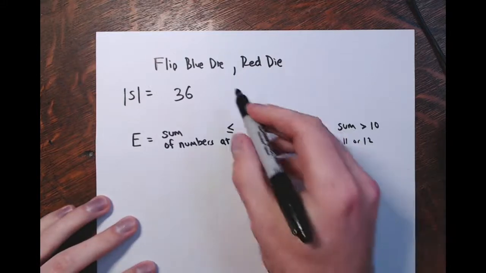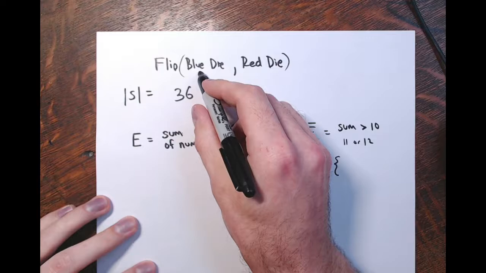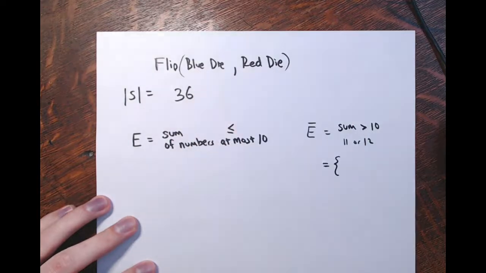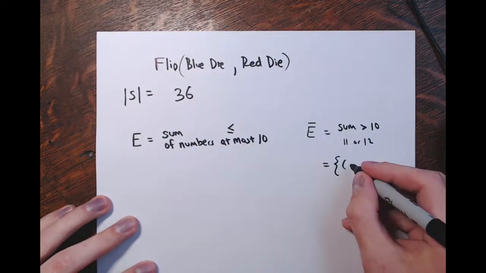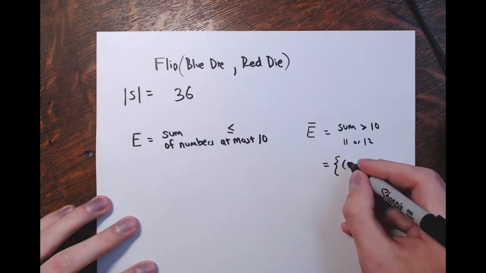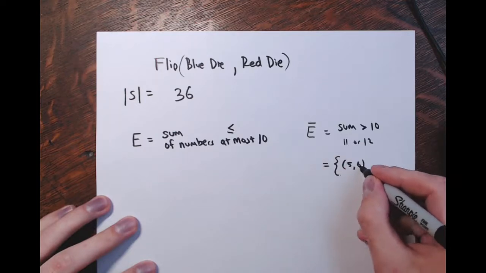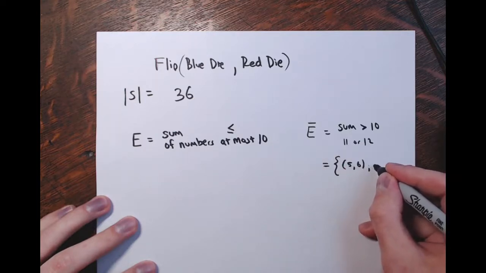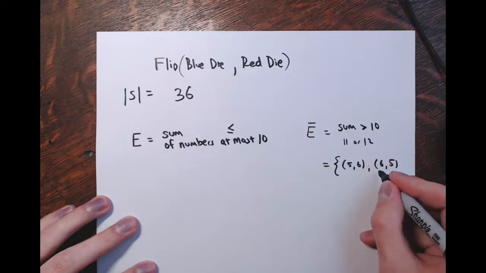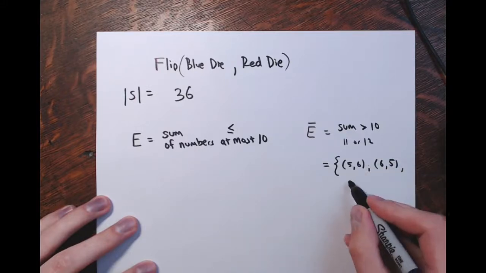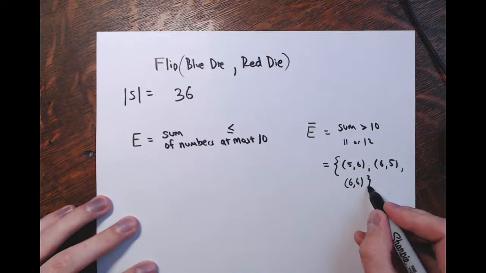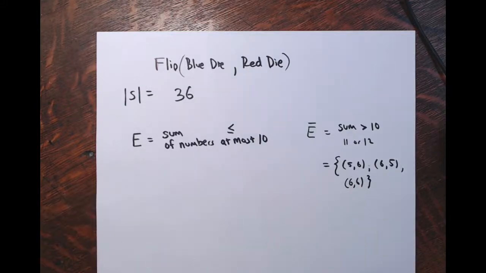Again, I'll do the ordered pairs like this, where you have the outcome of the blue die, then the outcome of the red die. So the ones that get a sum of 11 are 5 then 6, or 6 then 5, right? Those add up to 11, and 6 and 6, and that's it. Those are the only 3 outcomes out of all 36 that have a sum greater than 10.